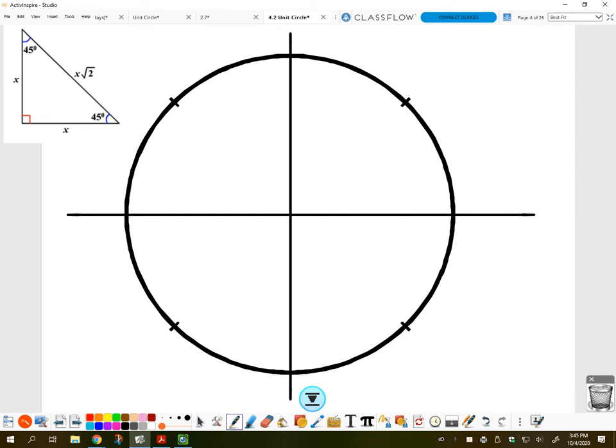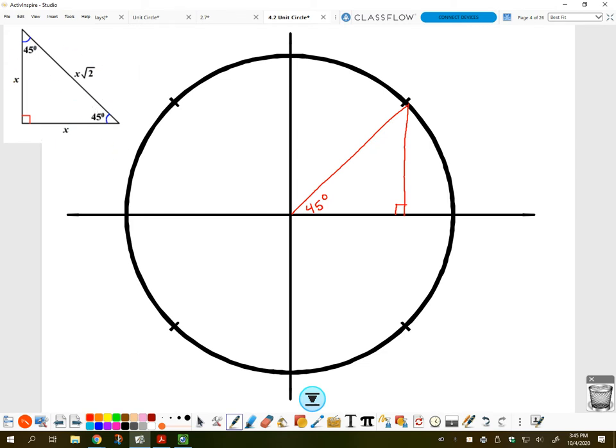Okay, so we're going to do these 4 all at the same time because they're all kind of similar to each other. So, if I draw in a triangle, this is a right angle because I came straight down vertical to that horizontal axis. Alright, so we know this is a 45-degree angle. So you remember back to geometry.